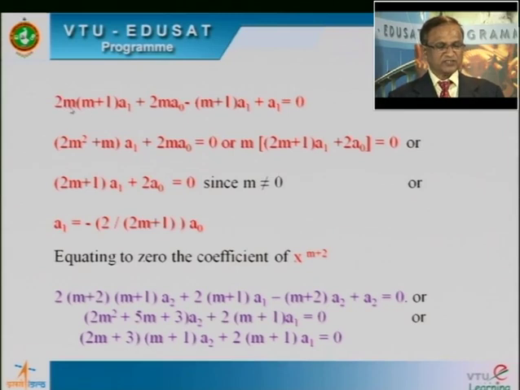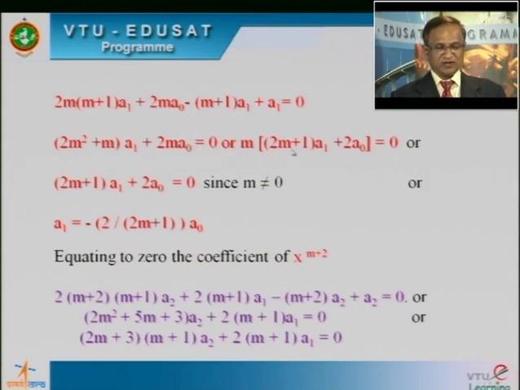Now the first one is 2m(m plus 1) a1 plus 2m a0 minus (m plus 1) a1 plus a1 is equal to 0. So a1 is common, you can take out (2m square plus m) a1 plus 2m a0 is equal to 0, or further you can simplify.